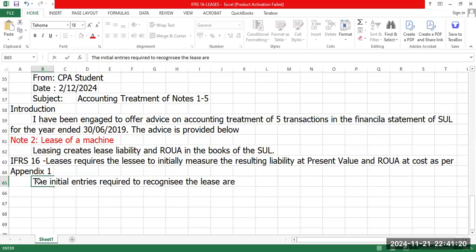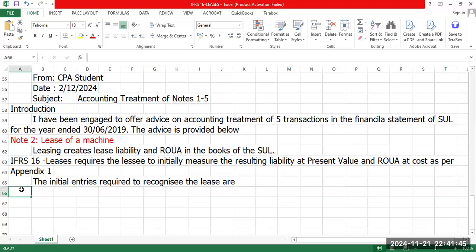Remember, initial entries. Now, we have said that this leasing is going to create lease liability and right of use assets. So what are the entries you're going to pass? It will depend on your appendix.